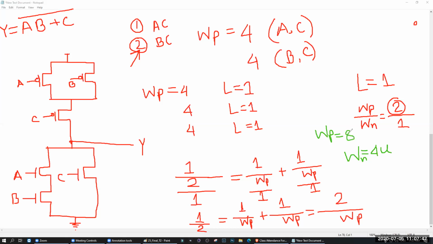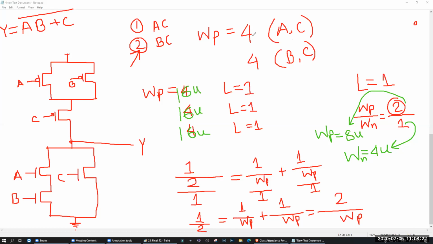It would be 8, right? But because why? See, for WN was 1. 1 becomes 4 micro. How much does 2 become? 8 micro. How much does 4 become? 16. So this will be 16 micrometer.